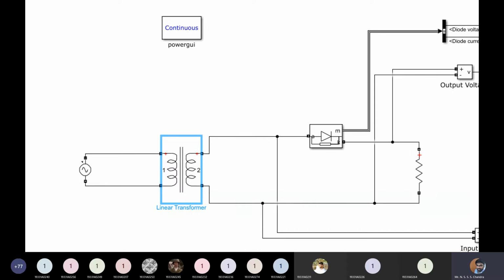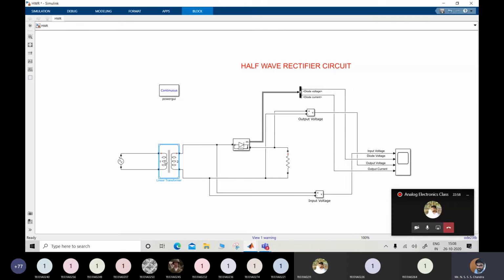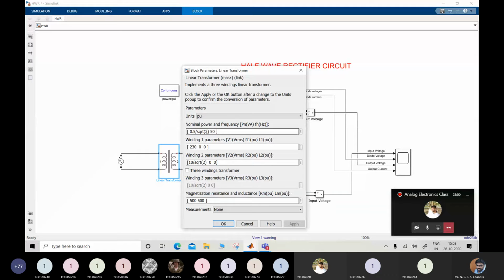Okay. So when I want to write the power value, I will be writing non-rectified voltage multiplied by rectified current. That's the input voltage into output current I'm going to write. So for the input voltage, 10 by square root 2 into the output current.